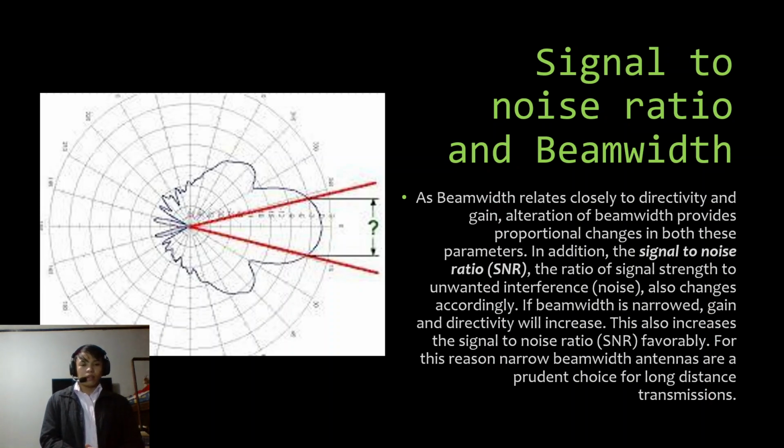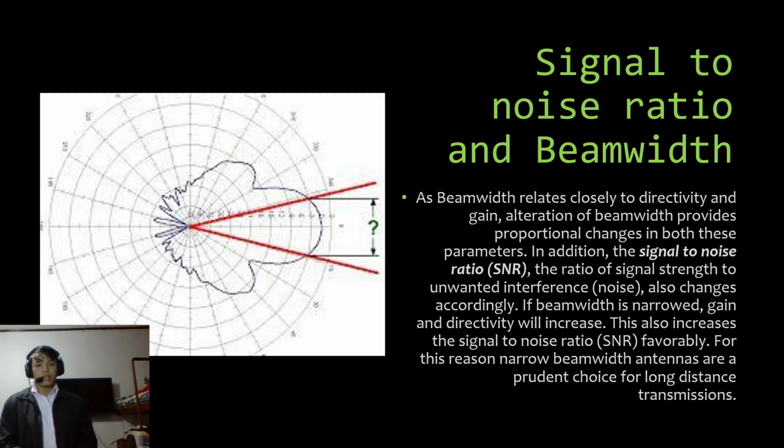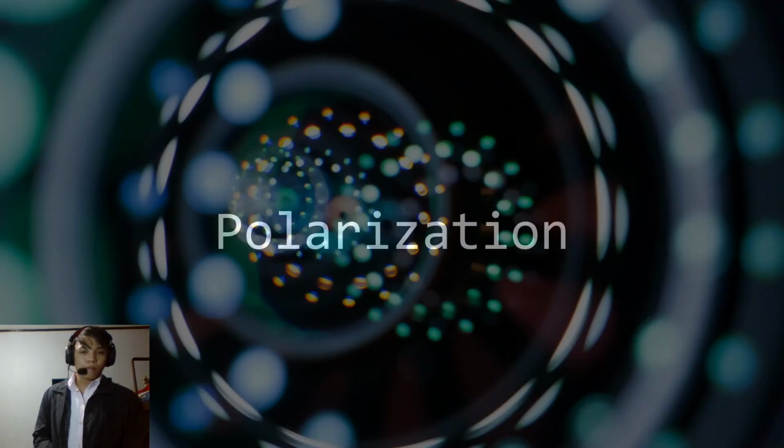If beam width is narrowed, gain and directivity will increase. This also increases the signal to noise ratio favorably. For this reason, narrow beam width antennas are a prudent choice for long distance transmissions.